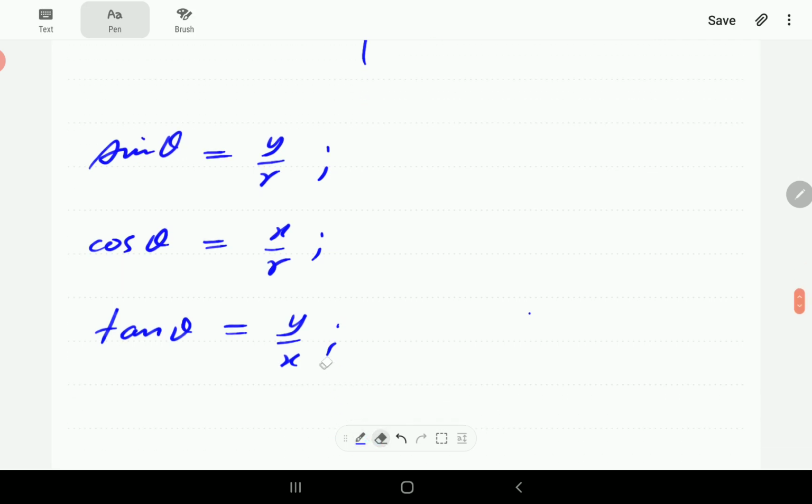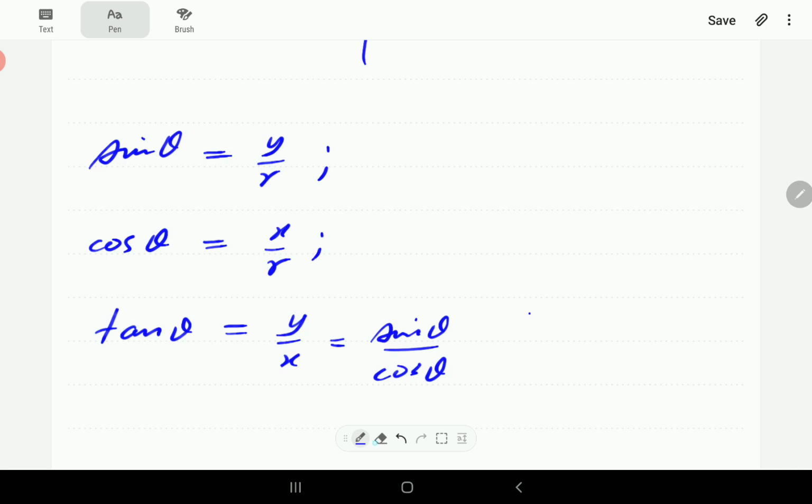Actually, before we continue here, we notice that tangent theta can also be defined as sine theta over cosine theta. If you take this one and divide it by this one, you get this one here.